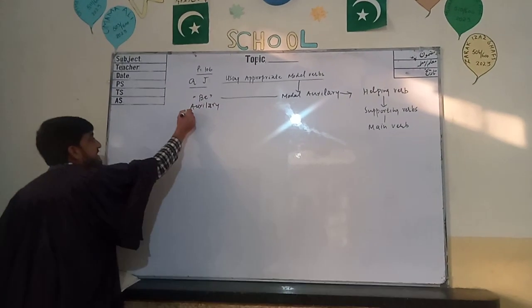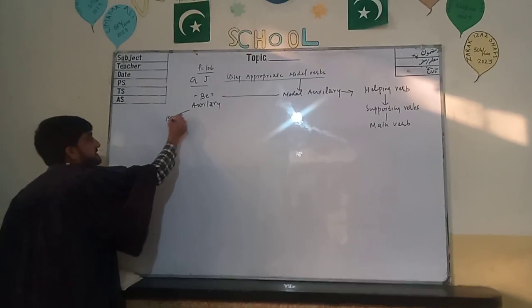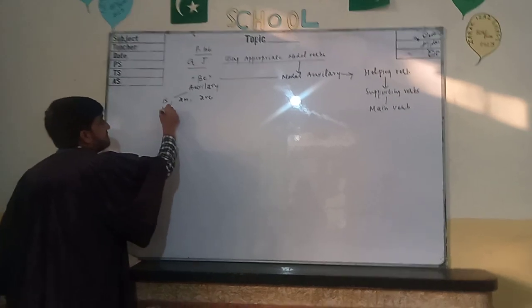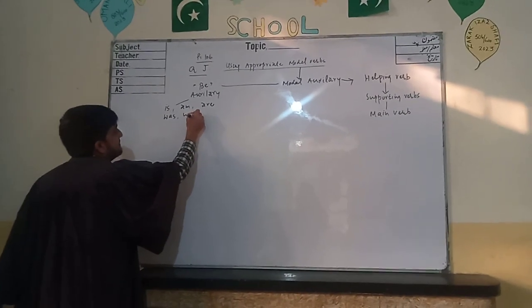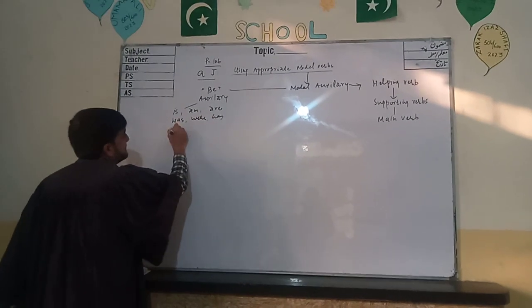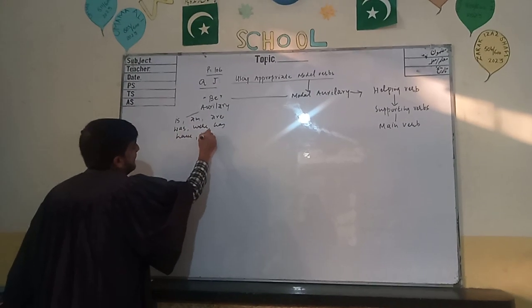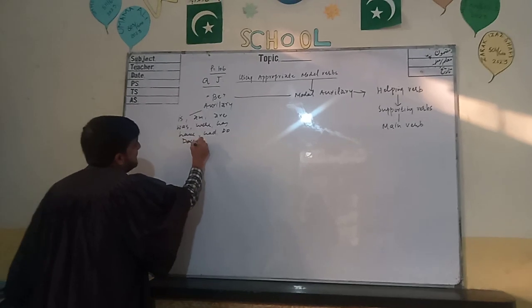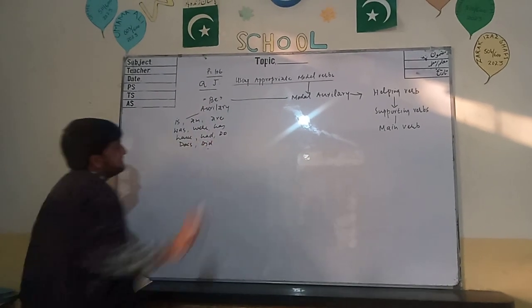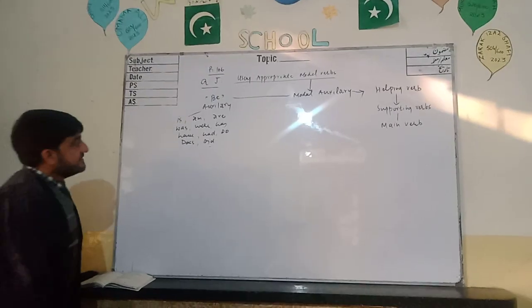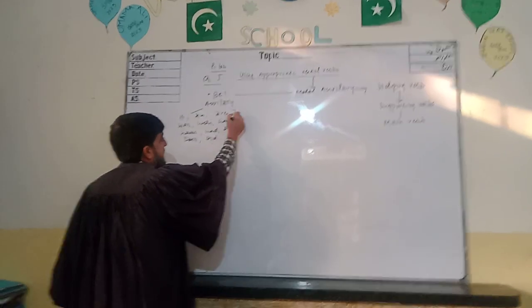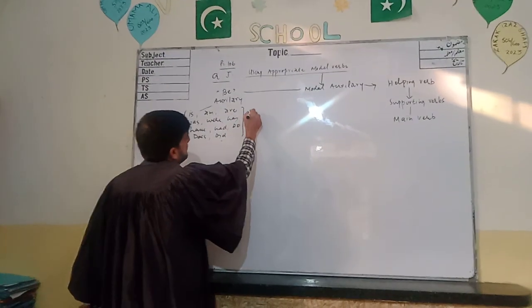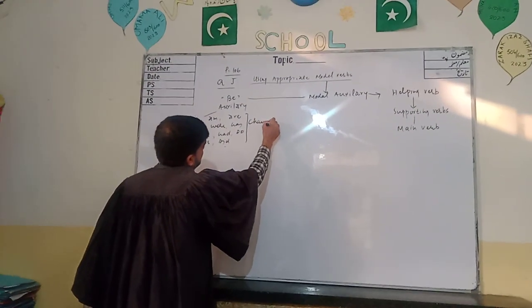Be auxiliary consists of is, am, are, was, were, has, have, had, do, does, and did. They are only used for changing a sentence.